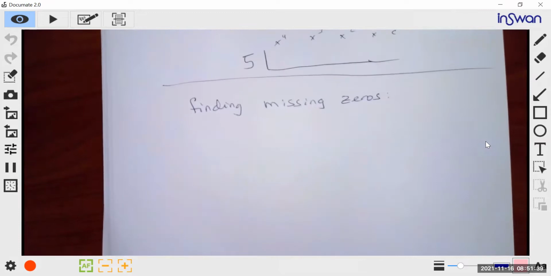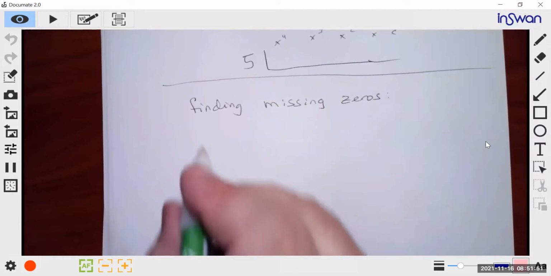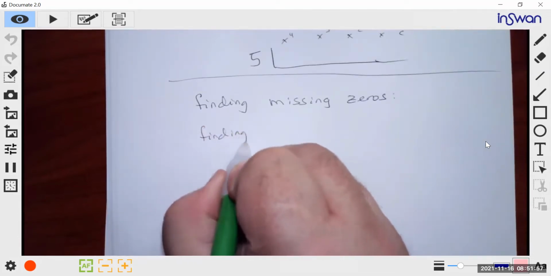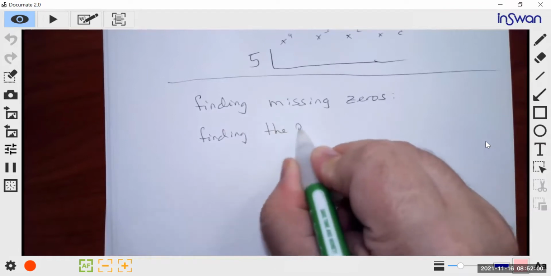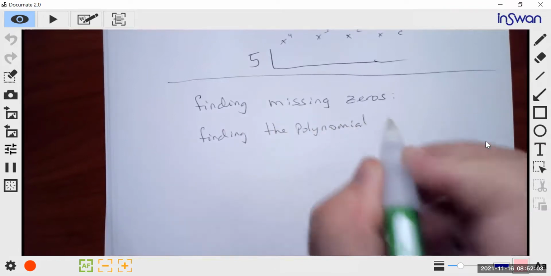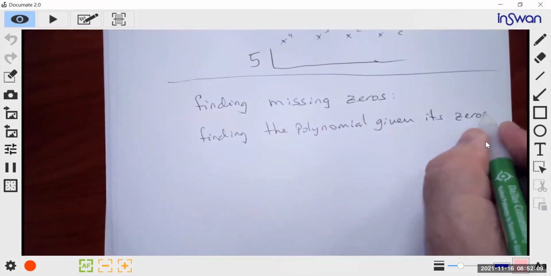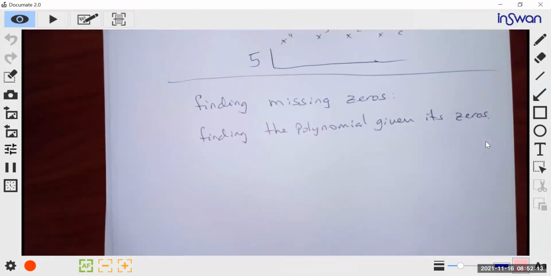Finding missing zeros. We have to do these two as well: how to find missing zeros, and then how to find the polynomial if I give you the zeros.